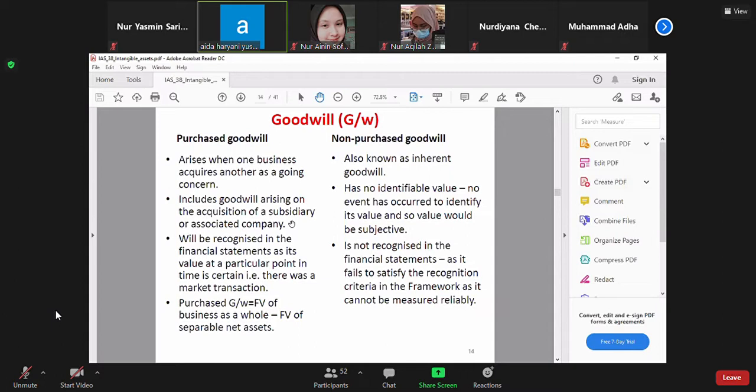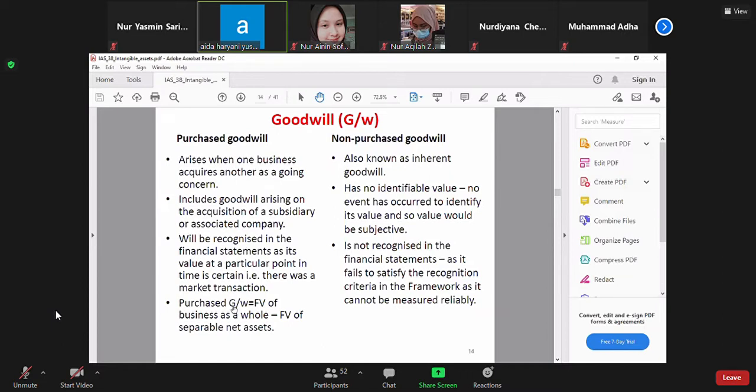The recent one, not Khazanah, I also don't remember, I read about some GLC company. It will be recognized in the financial statement as its value at a particular point in time is certain. For example, there was a market transaction, and that's why this year they mention fair value. So there is fair value of each of the assets, then there will be a purchase goodwill.